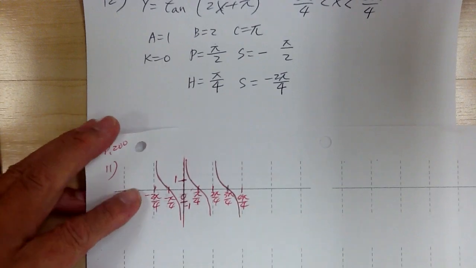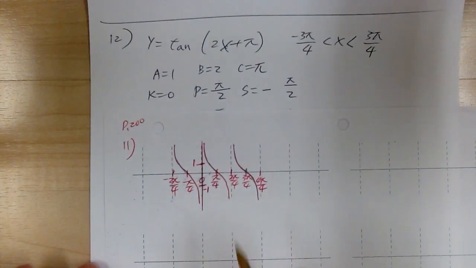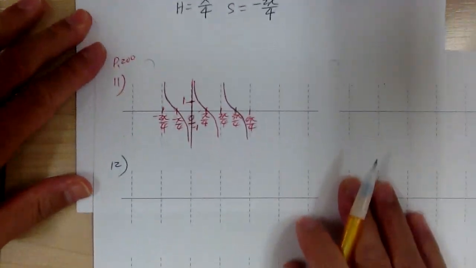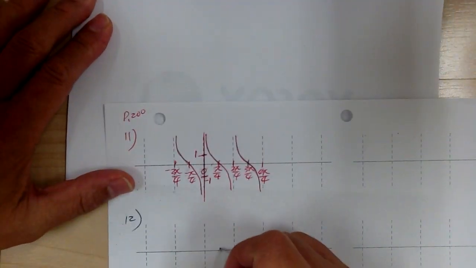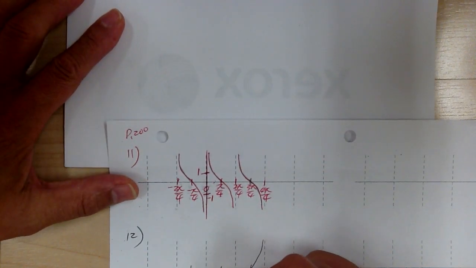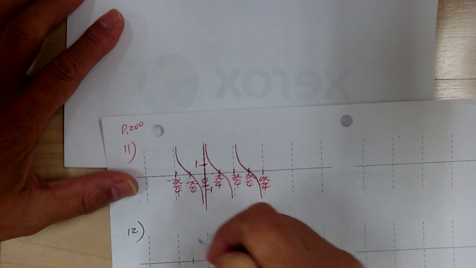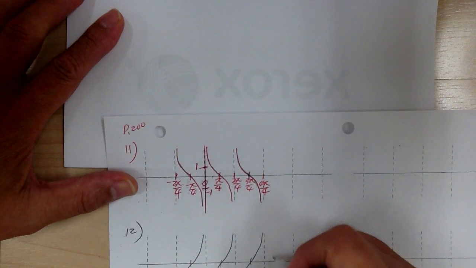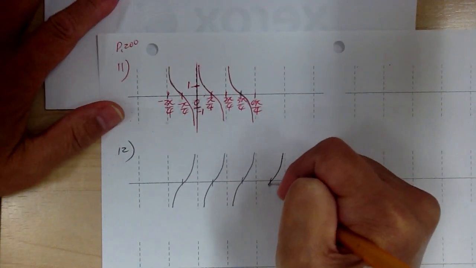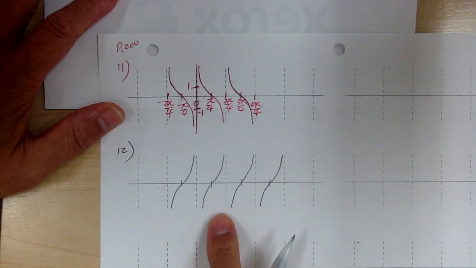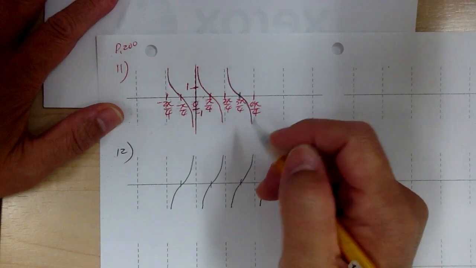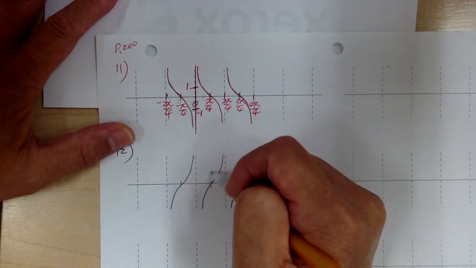So first you need to get your directions. Tangent is going from left to right, and your starting point is in the middle.